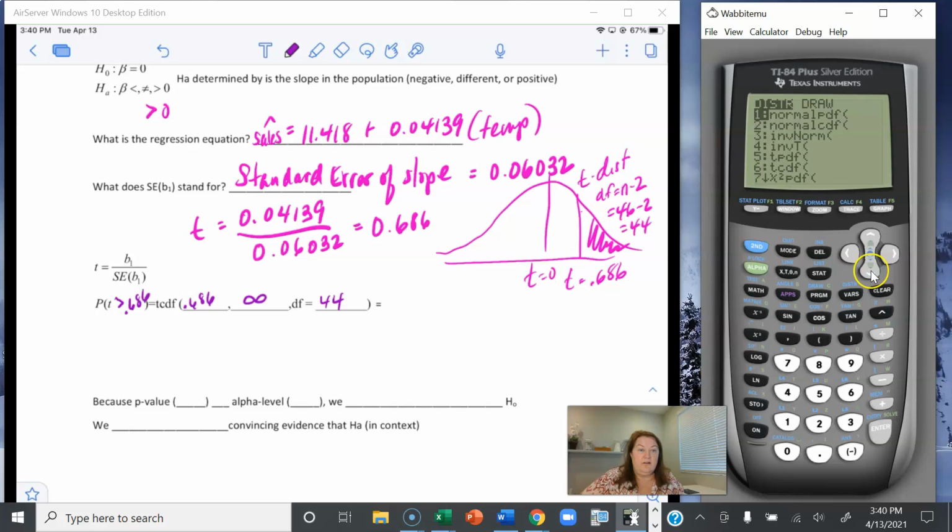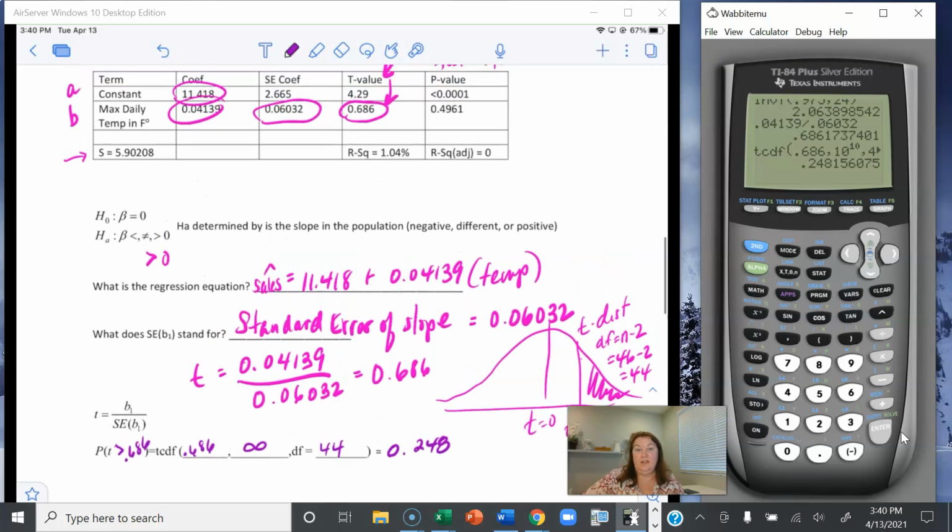So 2nd VARS, tcdf, starting out at 0.686, going to some really humongous number. Degrees of freedom is 44. And we are going to get a p-value of 0.248. So let's go back and take a look.